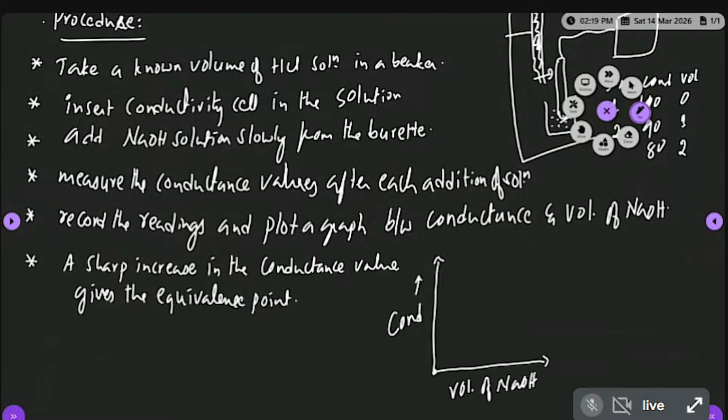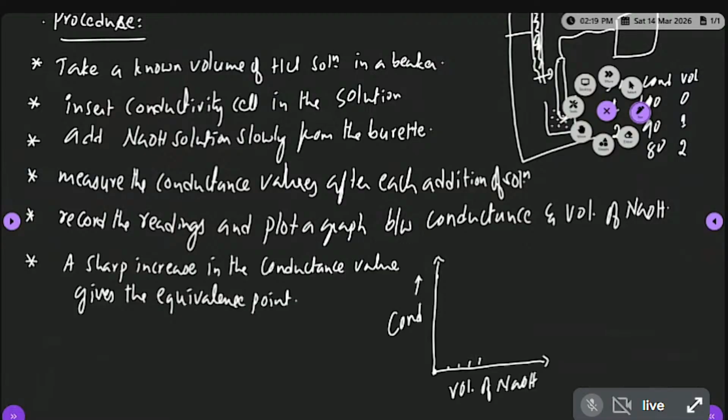Okay, at 0 ml, 0 volume, what is the conductance value? Maximum or minimum? At 0 volume of sodium hydroxide means at this point the conductance value is maximum. Kabatti, so at this point, for example, this is the conductance value at 0 volume of sodium hydroxide, and add 1 ml, 1 ml like this.